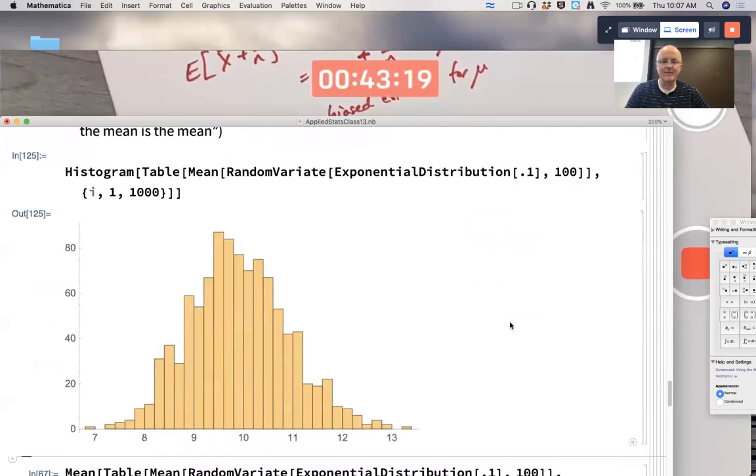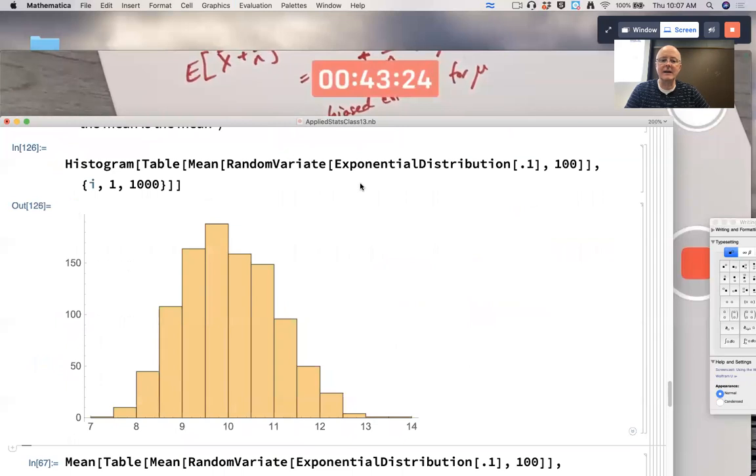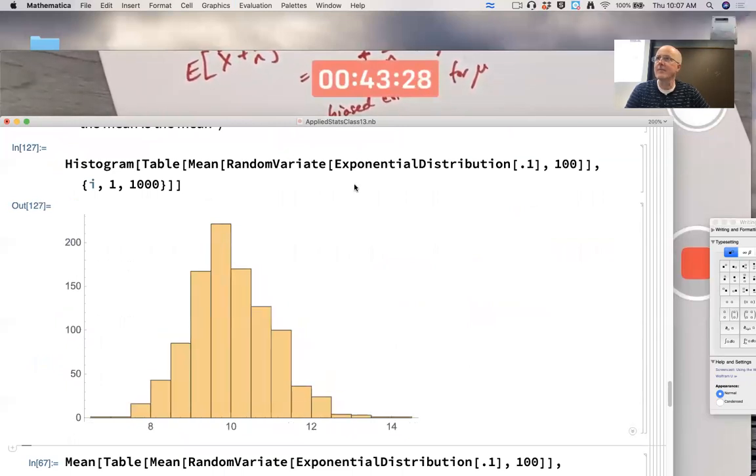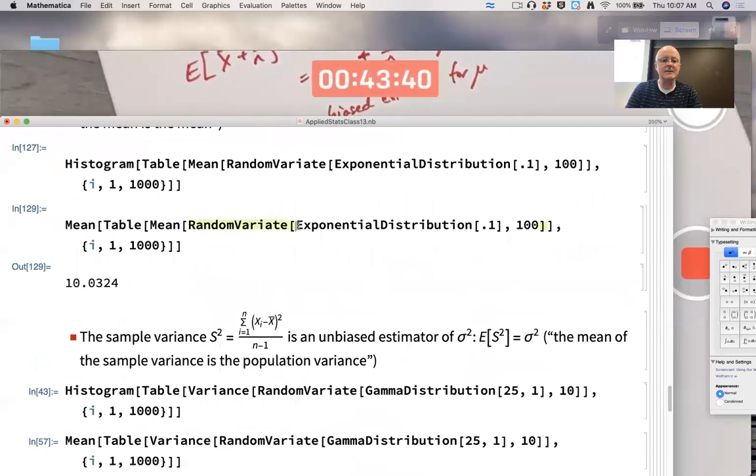Of course, if I do the simulation over again, it looks different, but it's still centered near 10. Also looks normal. That's the central limit theorem. If I compute just the mean itself many, many times, it's typically very close to 10, sometimes less than it, sometimes greater than it. Not a proof that it's unbiased, but it's numerical evidence that it seems to be unbiased.